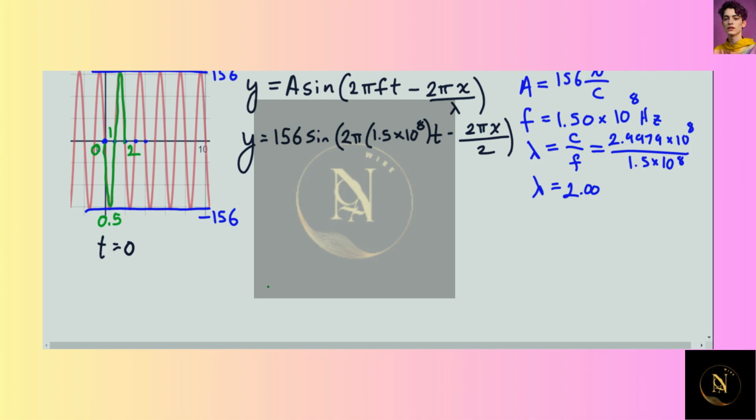Now, for the second part of this problem, we're going to plot the graph at a time t that's 1/4 of the wave's period. Well, we saw from graphing it the first time that the period is just equal to 2.